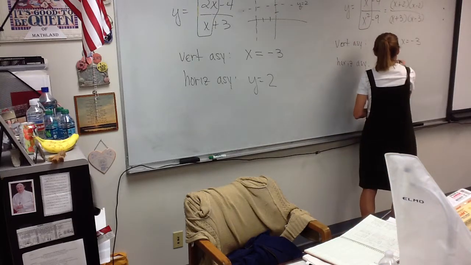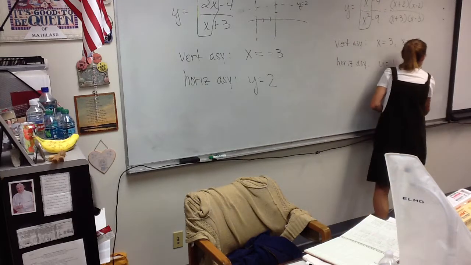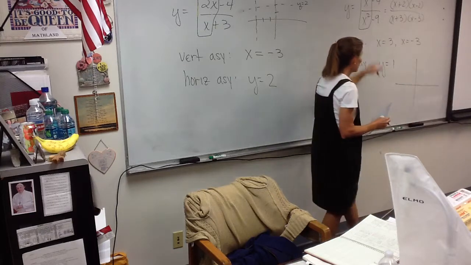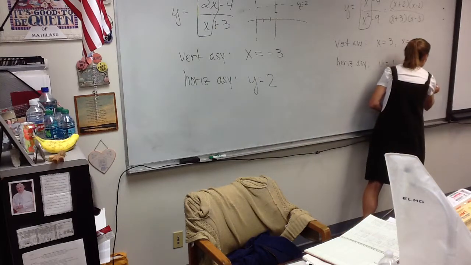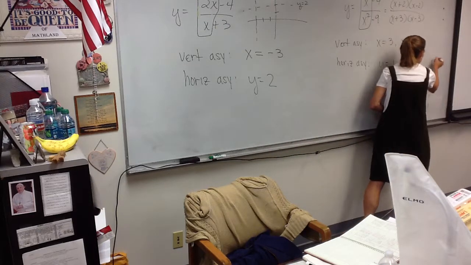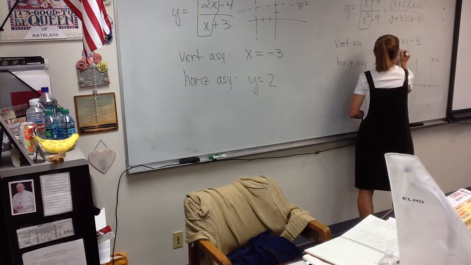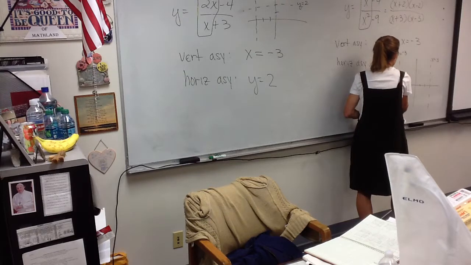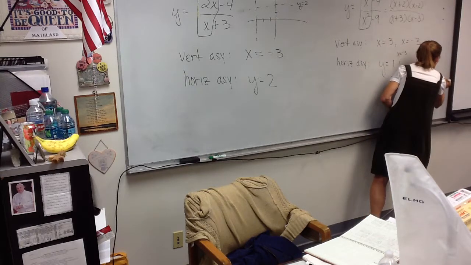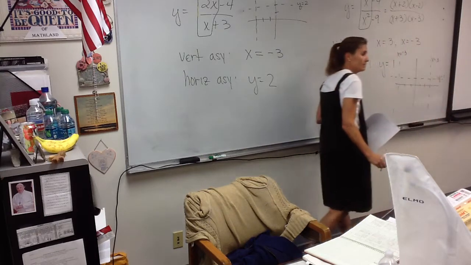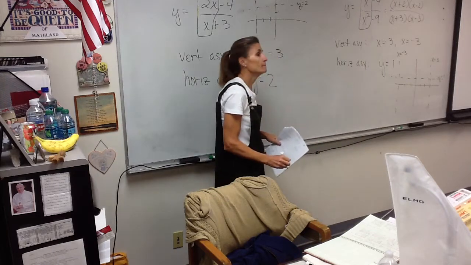Your horizontal asymptote is y equals 1. So we have 2 vertical asymptotes, at x equals 3 and x equals -3, and then 1 horizontal asymptote at y equals what? You only have one horizontal asymptote.